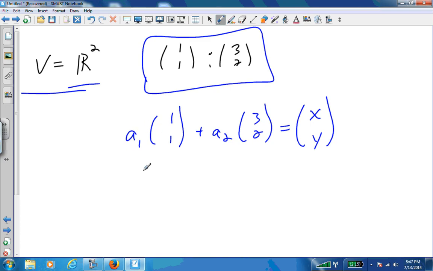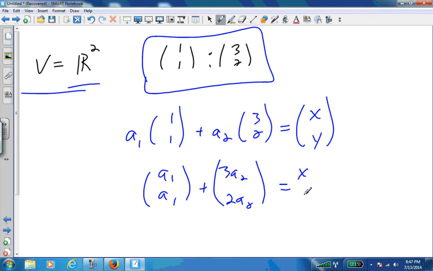So if we multiply this out, we look at the top equation. If we think about it as two equations, or we'll just multiply it out to start with. We got A1 plus 3A2, A1 plus 2A2 equal x, y.